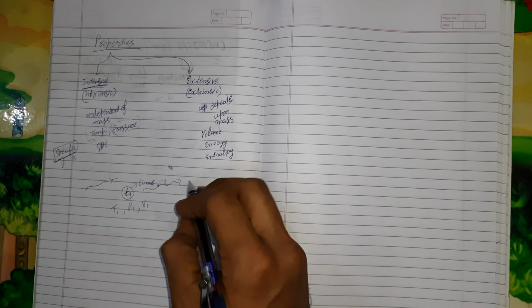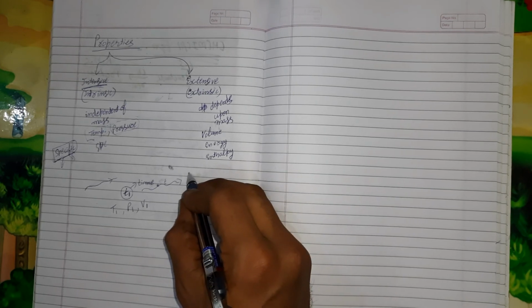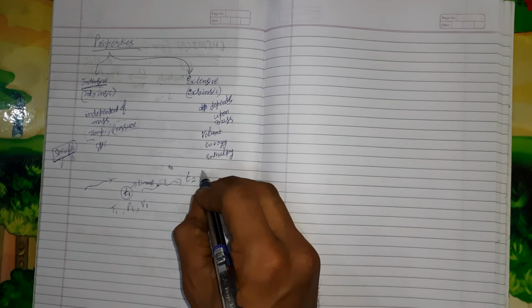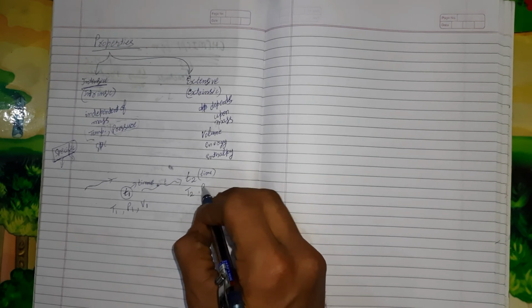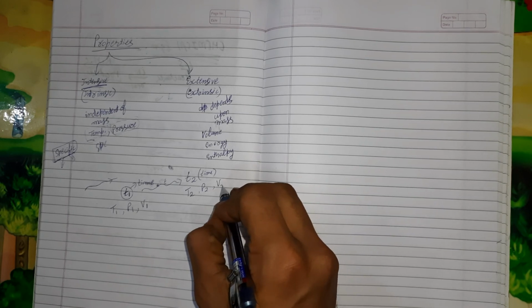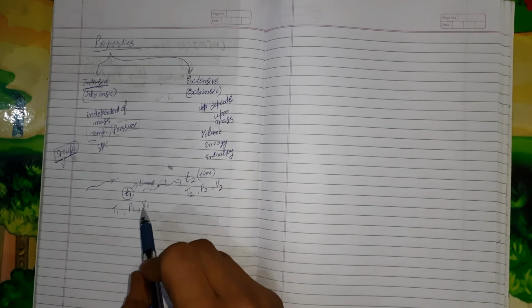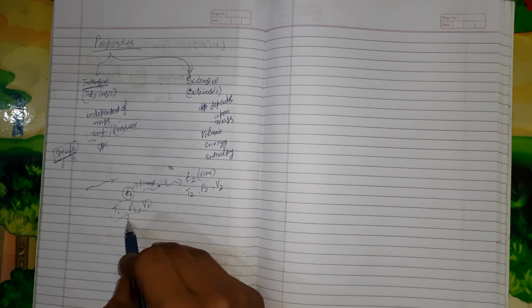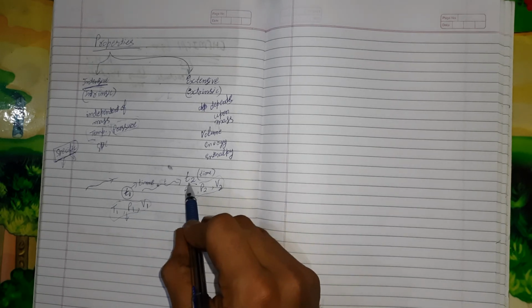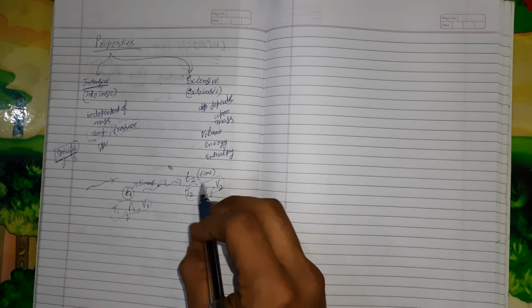Now let's consider the system goes through certain changes, and after some time, at time t2, the system attains a condition where its temperature is T2, its pressure is P2, its volume is V2. So this T1, P1 and V1 itself define this system at time t1, and T2, P2, V2 define the condition of the system at time t2.